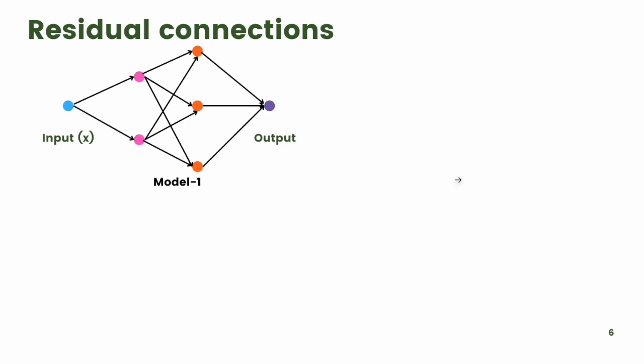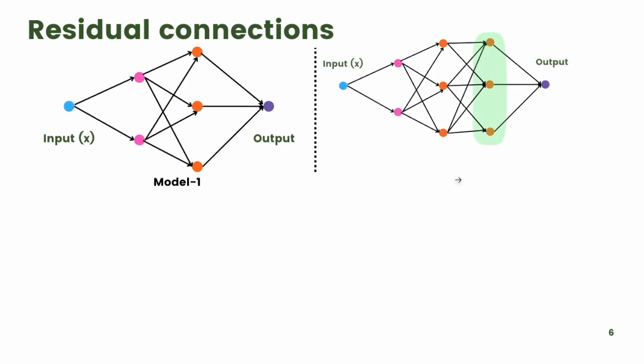Next, I'll talk about residual connections, and we'll be going back to a feed forward neural network because of its simplicity. So let's take the model that we previously had. This is model 1 with 2 hidden layers, and let's add a new layer to it. So we take the same model and we add an additional layer, which is shown here in green. Let's denote with h the output coming from the left hand side of the model.